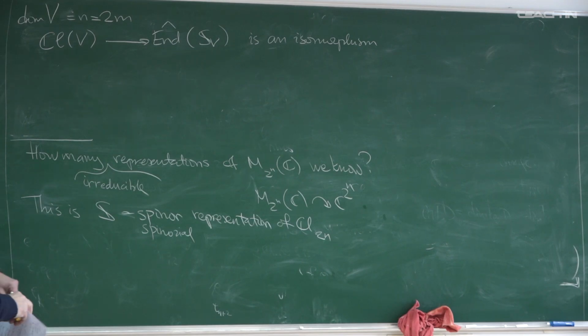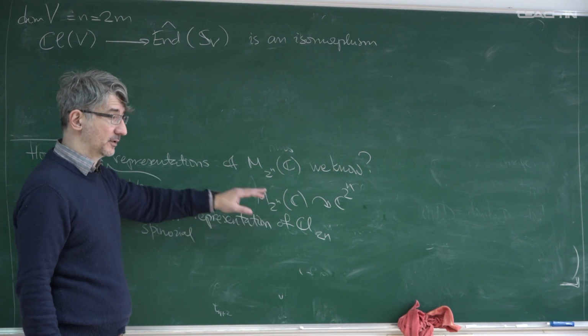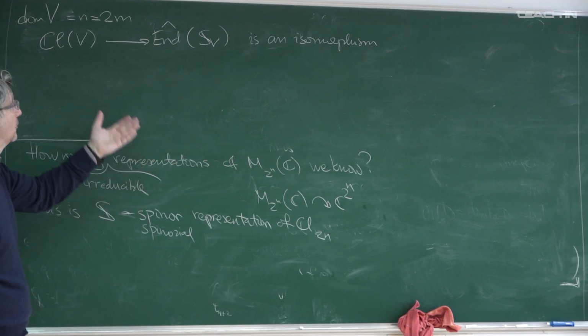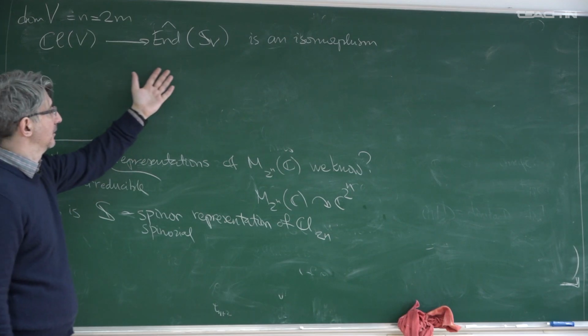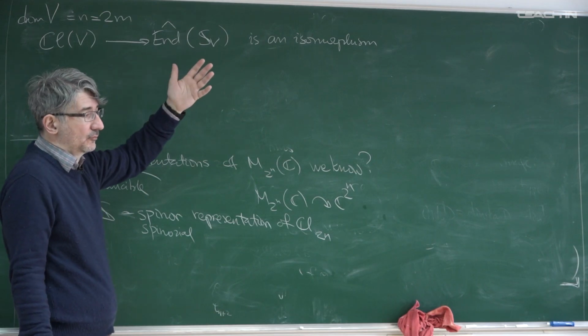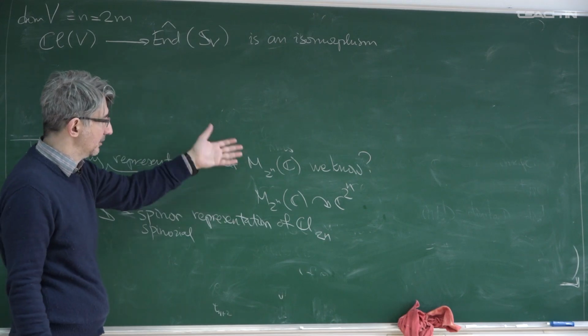Why do I write V instead of just the dimension? Because the construction is coordinate free. You can take the Clifford algebra, then this thing is more or less uniquely defined as the unique irreducible representation. If you choose coordinates, you will obtain it in this way.